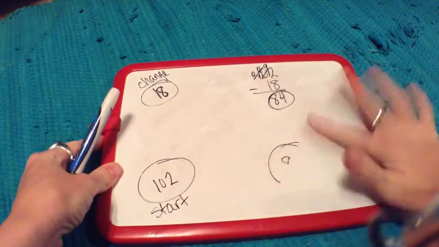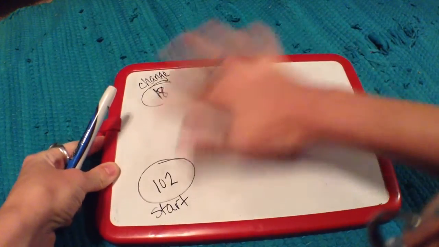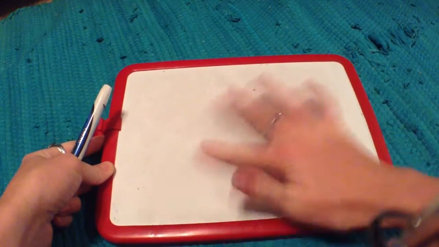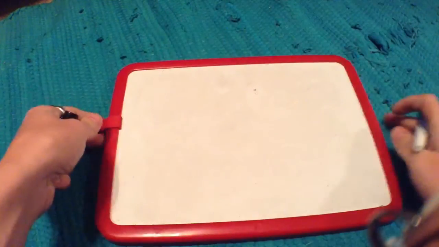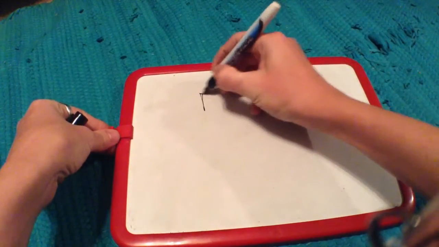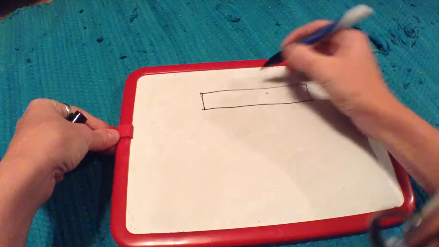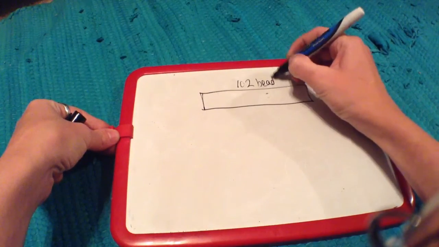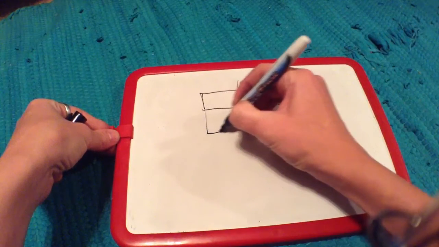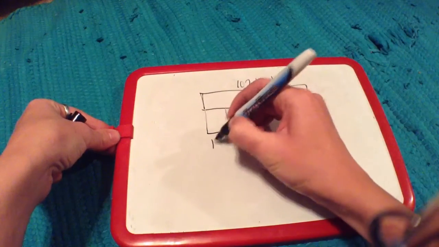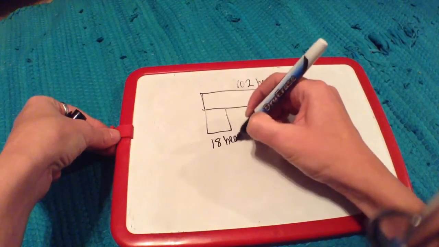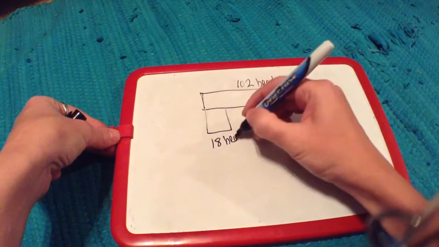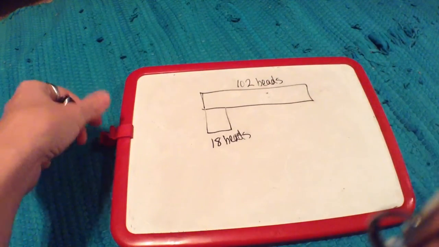Now, if we were to do that using a strip diagram, it would look something like this. We have 102 beads. Now we know that she lost 18 of those beads.